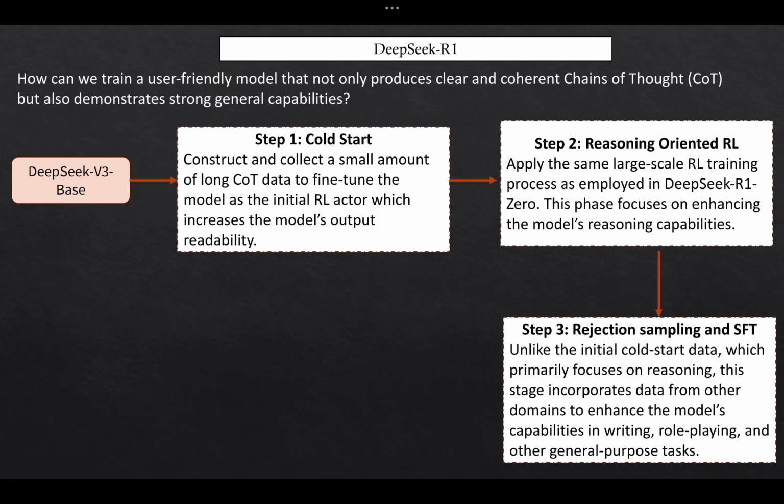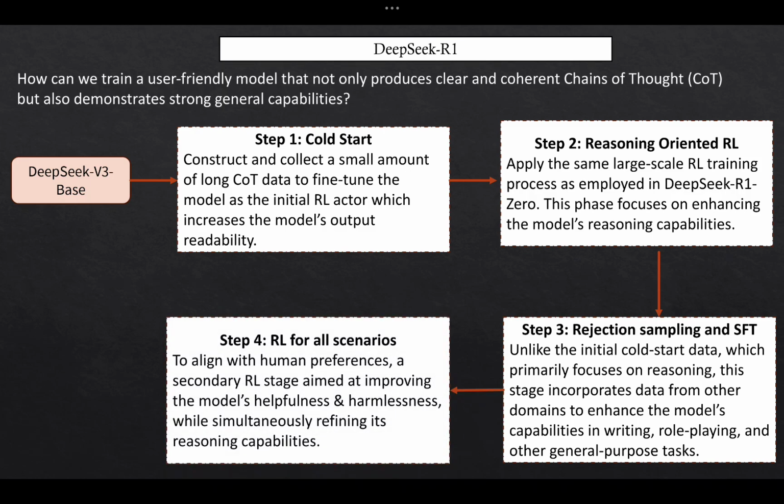But in this step they incorporate data from other domains to enhance the model capabilities in terms of writing, role playing, and other general purpose tasks, right? So in this way they are enabling the model to demonstrate strong general capabilities, right, with the help of this step 3 supervised fine tuning phase.